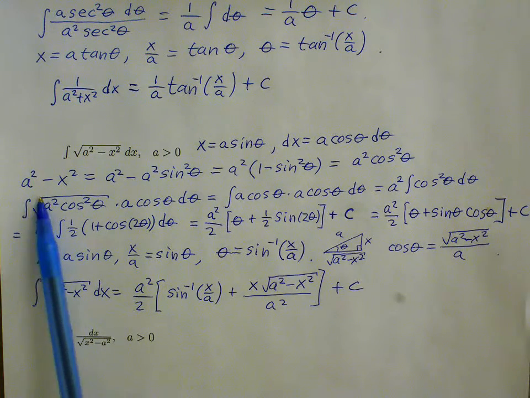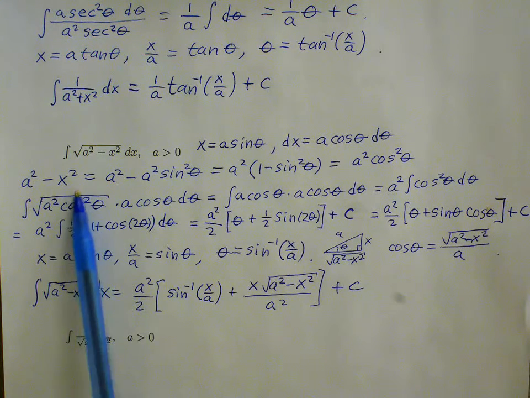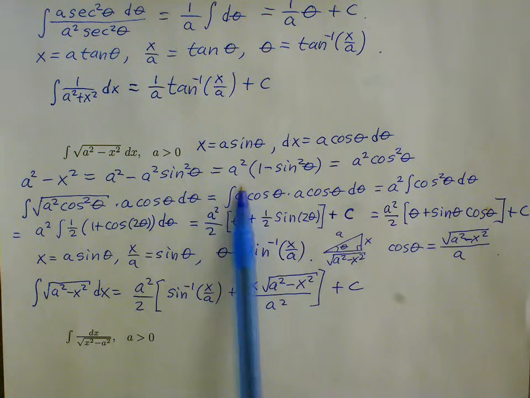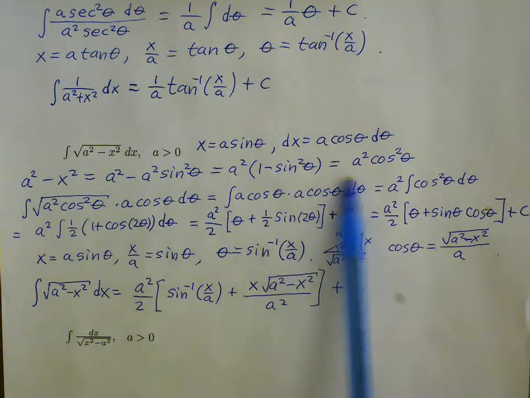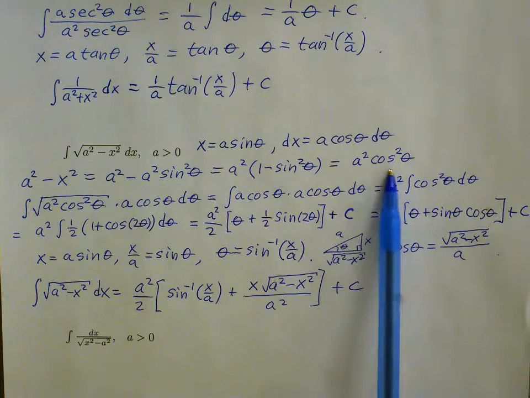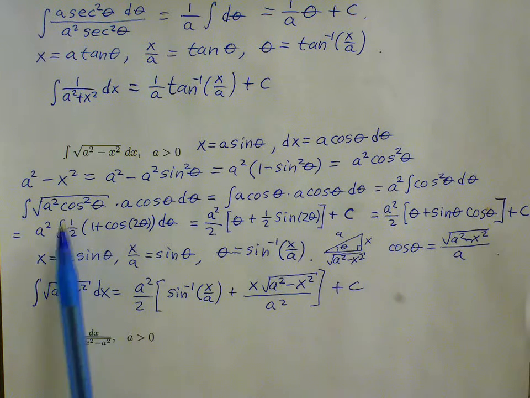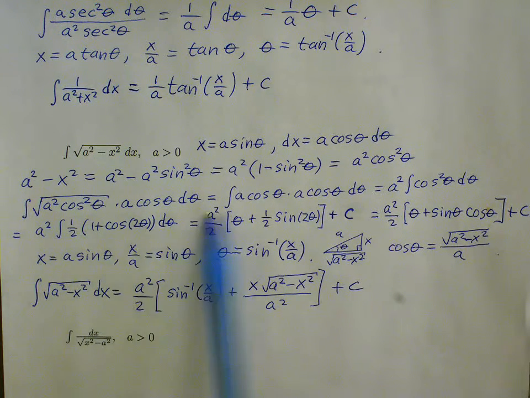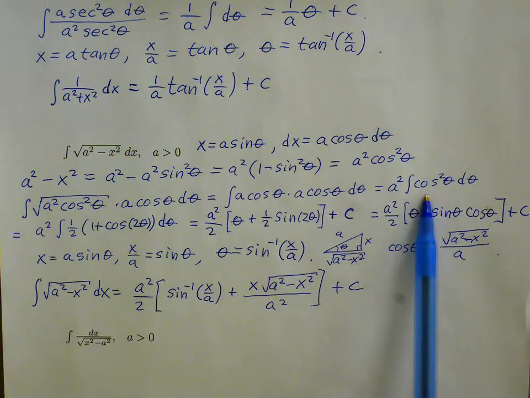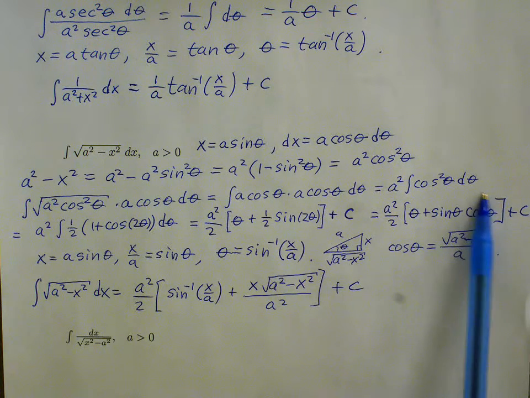And the a to the second minus x squared with that substitution simplifies to a squared times cosine of theta squared. That's the expression that goes inside the square root. And so the integrand becomes a to the second times the integral of cosine of theta squared d theta.